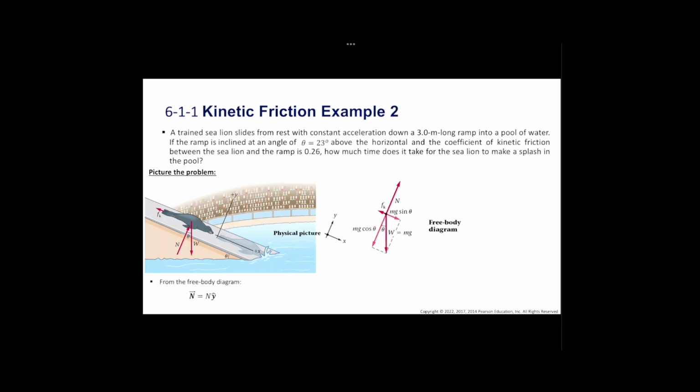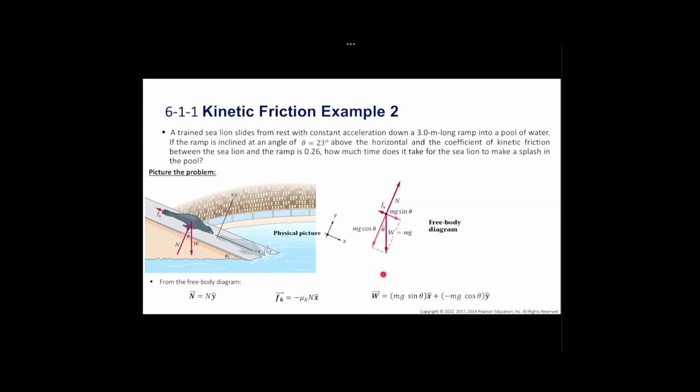Now from the free body diagram, we know the normal force is in the positive y direction. Because of that, it is n y hat, and the kinetic friction is in the negative x direction. It's always in the opposite direction of the motion. Therefore, it is a negative value, mu k times normal force times x hat, the direction.